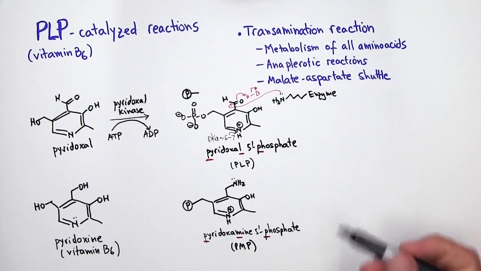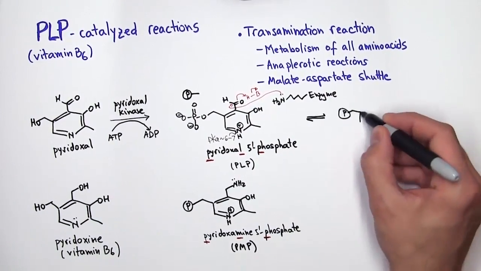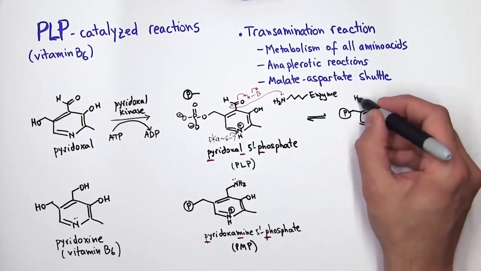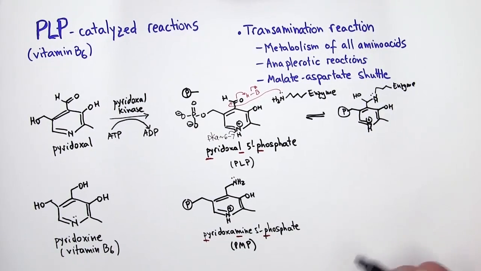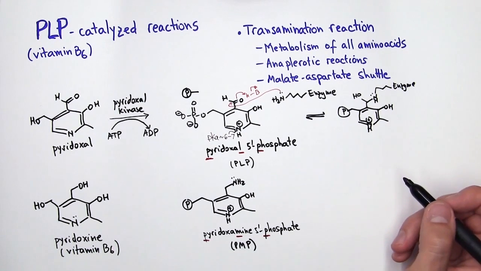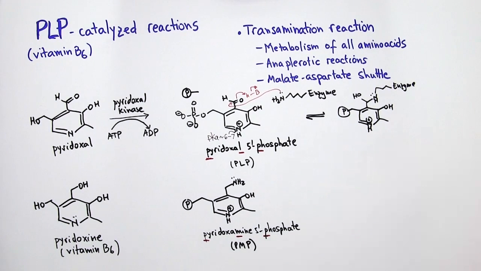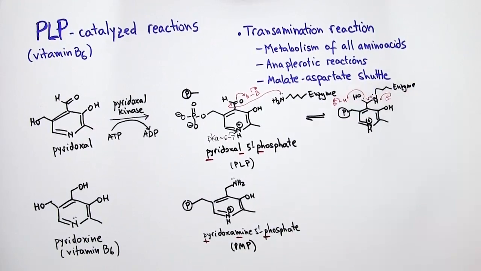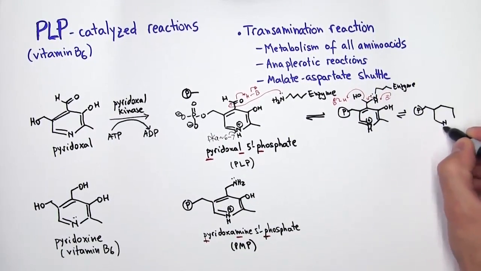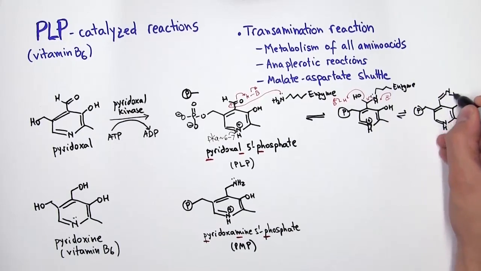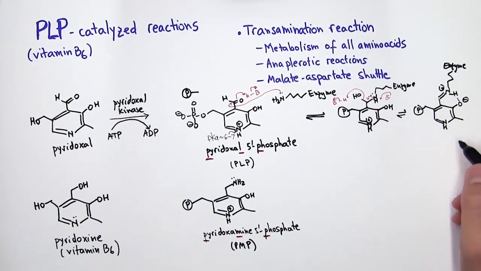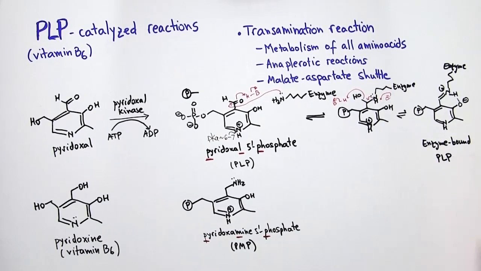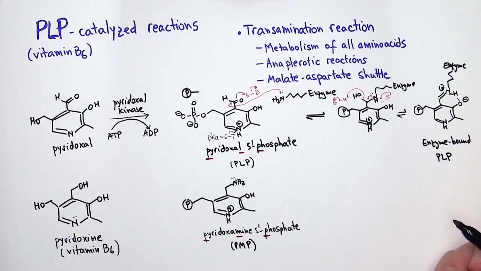First, we form a tetrahedral intermediate, as such, and then we form the Schiff base. So this will be the enzyme-bound PLP. And this is where all the PLP catalyzed reactions start.